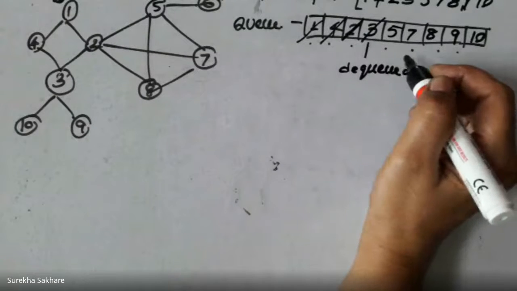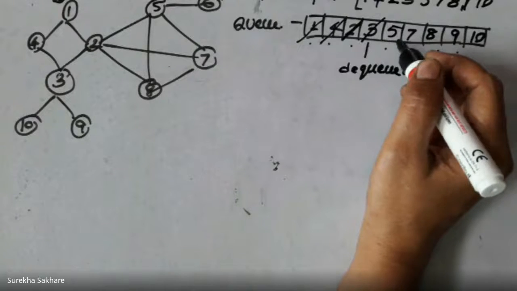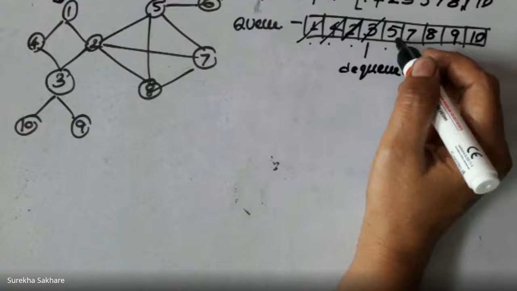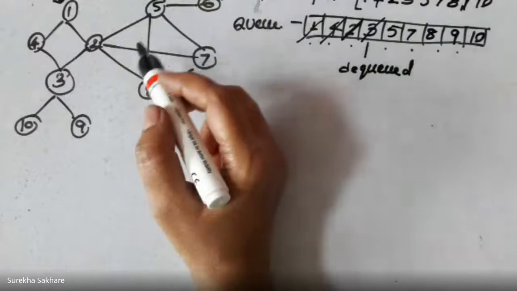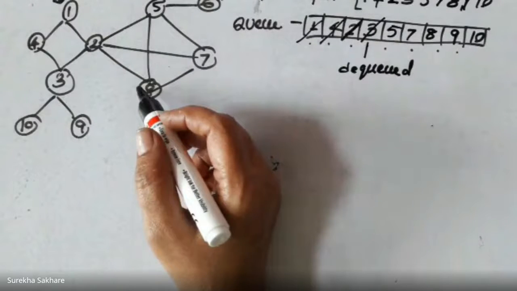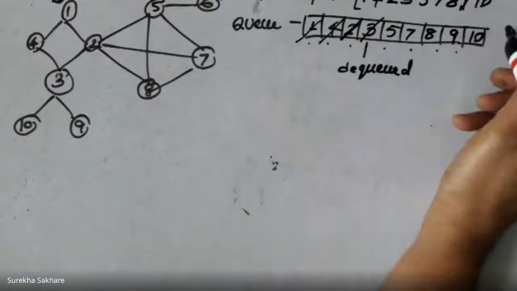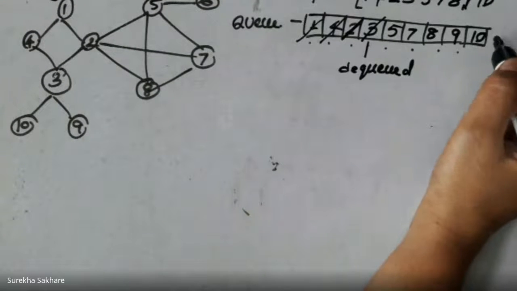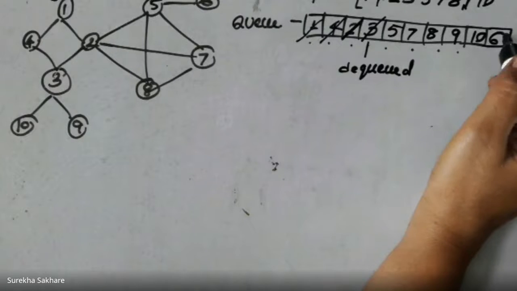Then who is there in the next sequence? 5 has to be explored. Now 5 has how many adjacencies? 2, 8, 7 and 6, out of which 2, 8 and 7 are visited, so I need not put them here. I will simply introduce the number 6, which is not yet visited, and remove 5 from the list.